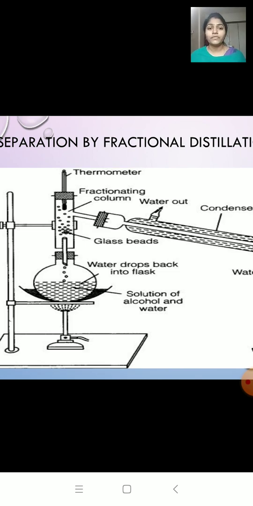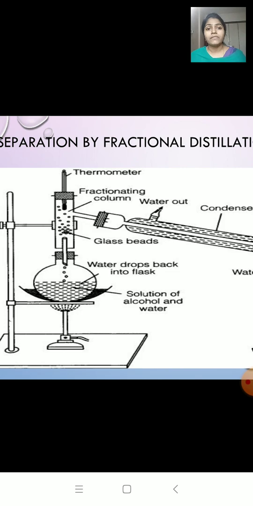Now we'll start heating the round bottom flask. As you start heating, once the temperature reaches 78 degrees Celsius, that is the boiling point of alcohol, the alcohol will start forming vapors. Now remember, when I say 78, it means the top part of the fractionating column is also 78 degrees Celsius.